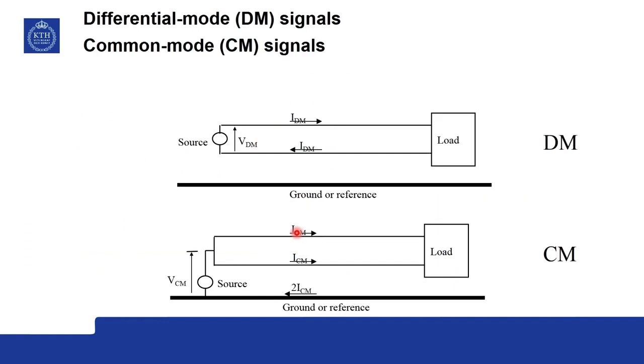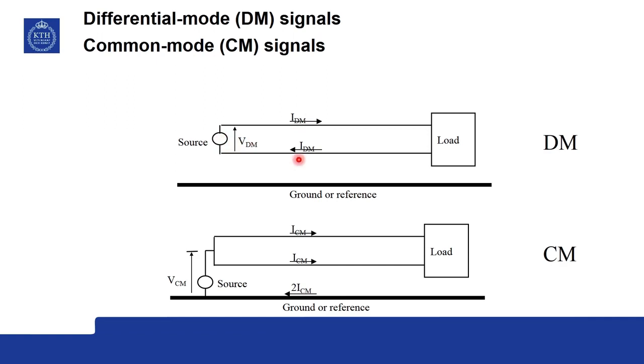Now, another concept we will see very often and which has great significance in EMC is differential mode signals. Differential mode means that difference. What is that? And also the common mode signals. Say in the first picture over here, you have a source and you have a load. The source is producing some current, it can be alternating current or DC.